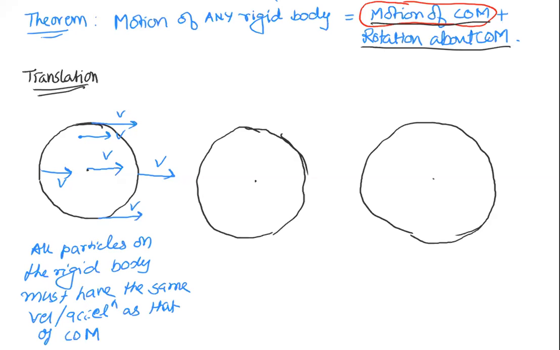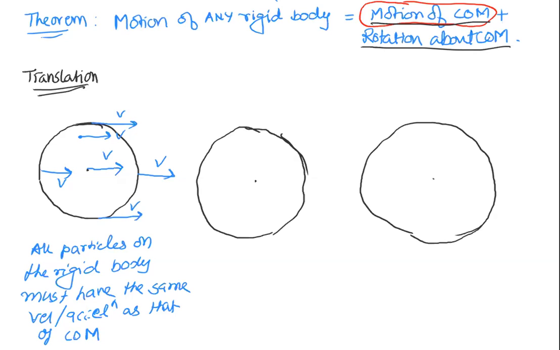This is the meaning of translation. Now, what is the meaning of rotation about the center of mass? In fact, you can extend this meaning to rotation about any point. So what is the meaning of rotation about the center of mass in this case?